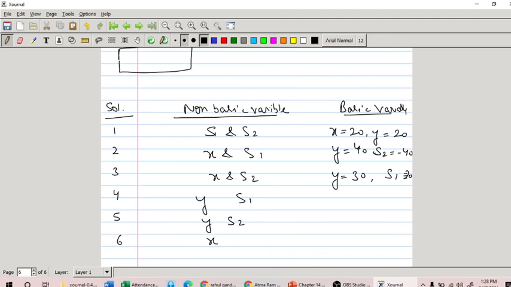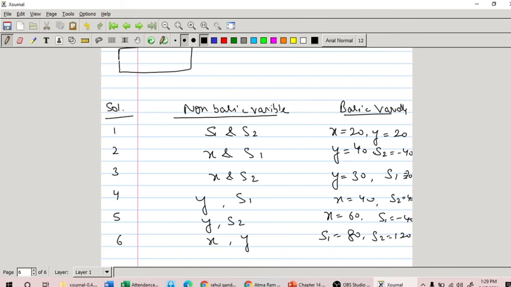In the sixth scenario x and y put as 0, and the respective values we found are x as 40, s2 as 40, x as 60, s1 as minus 40, s1 as 80 and s2 as 120.